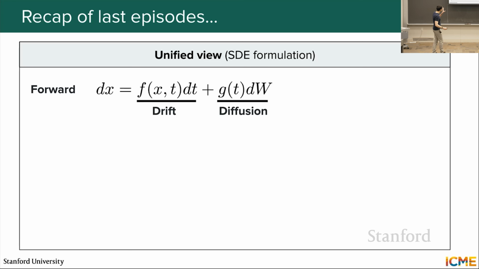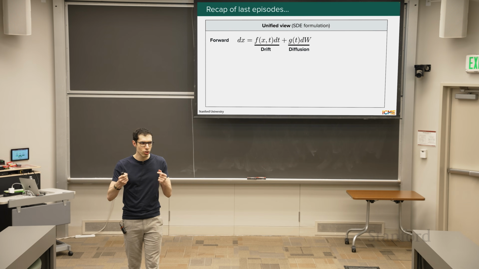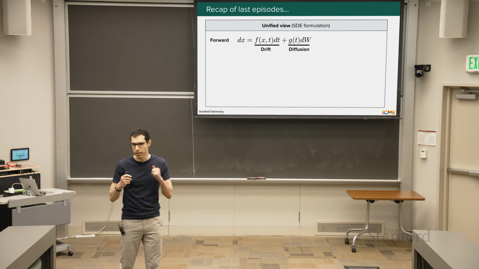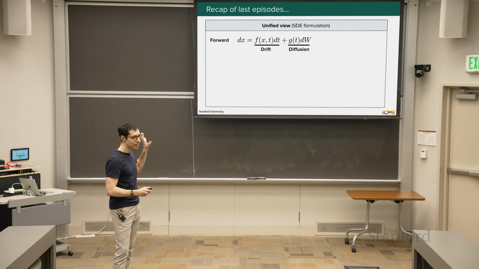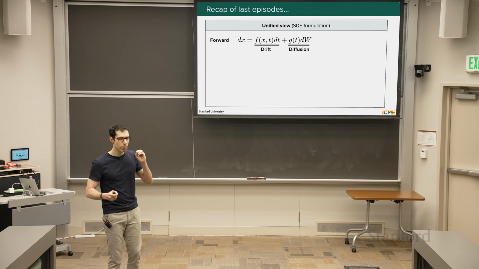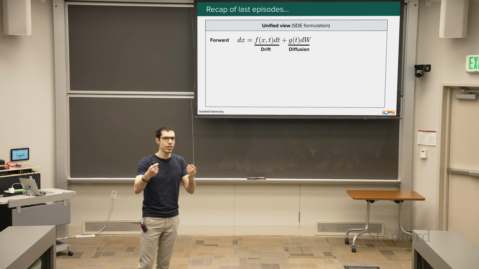In particular, the first term is called the drift term, and it quantifies the deterministic movement in space across time. The second term is called the diffusion term, which quantifies the amount of stochasticity that you have in your process. So this expression is the forward process, meaning you are actually noising your images.